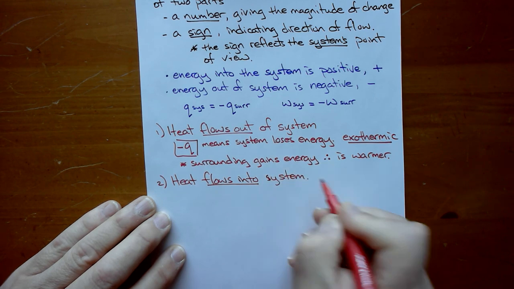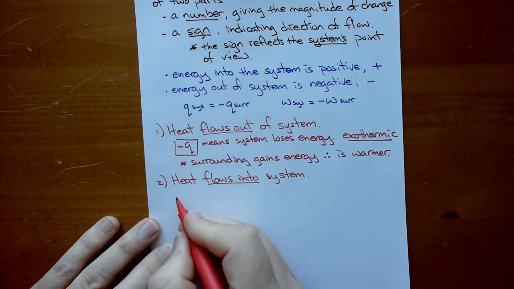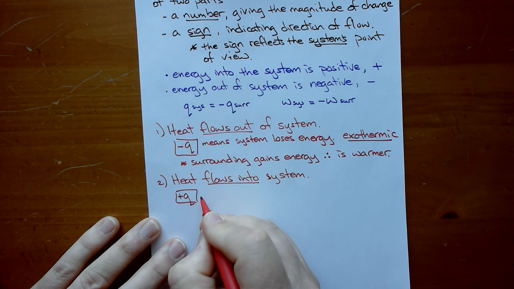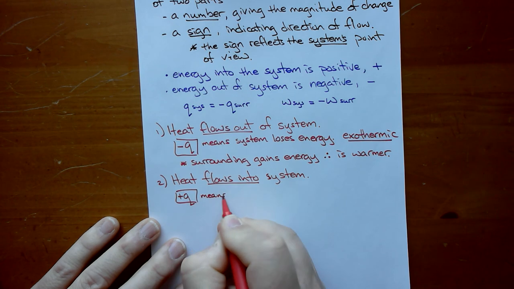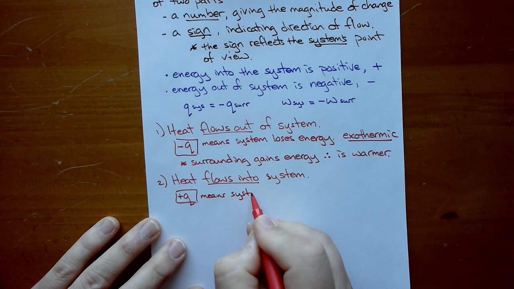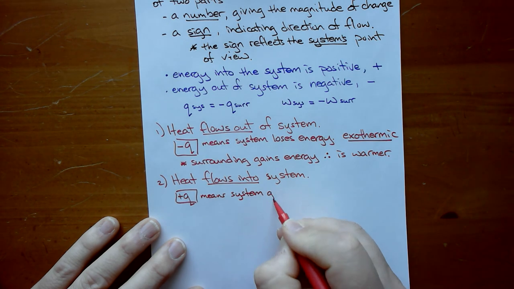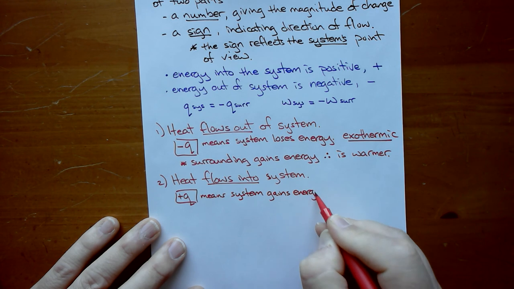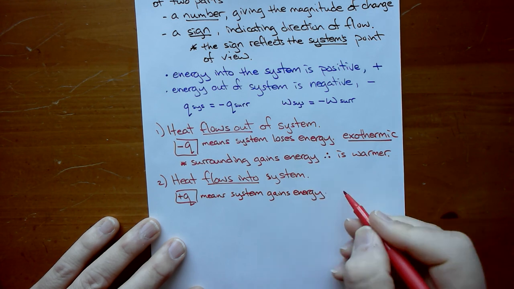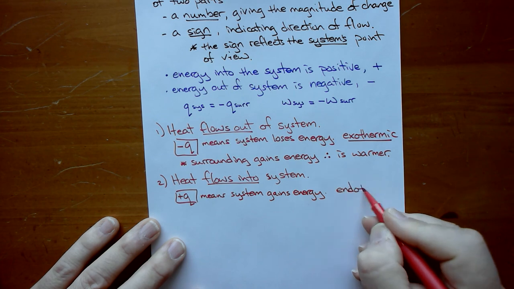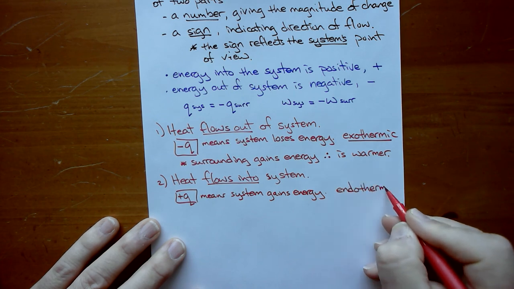Okay, number 2, heat flows into system. Okay, so in this case, we have a positive Q, and it means system gains energy. And so if it's gaining energy, it's absorbing, or endothermic. The system is absorbing the energy, it's becoming endothermic.